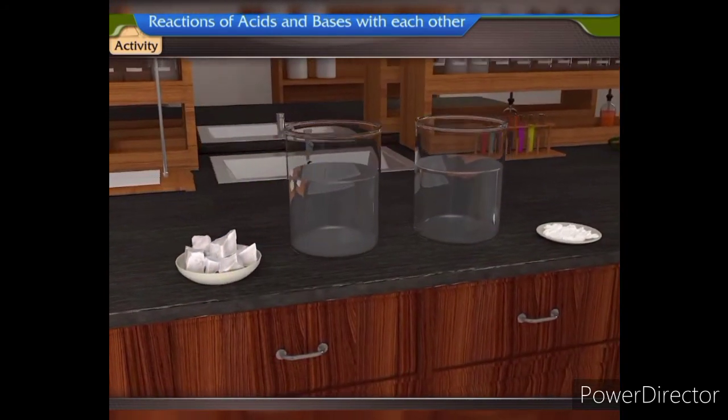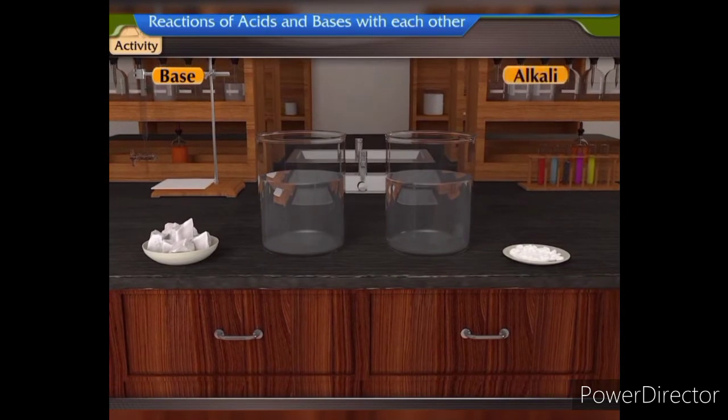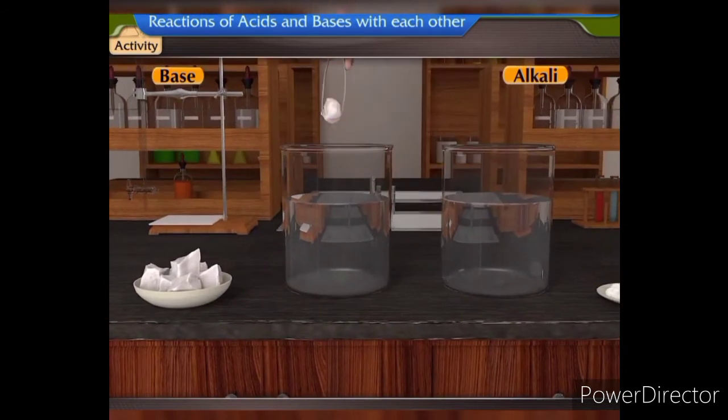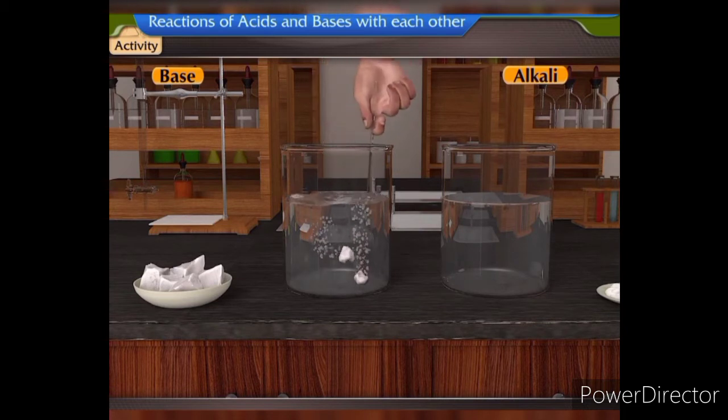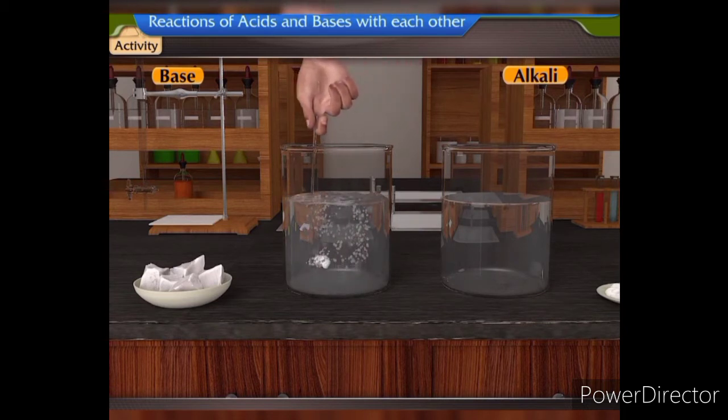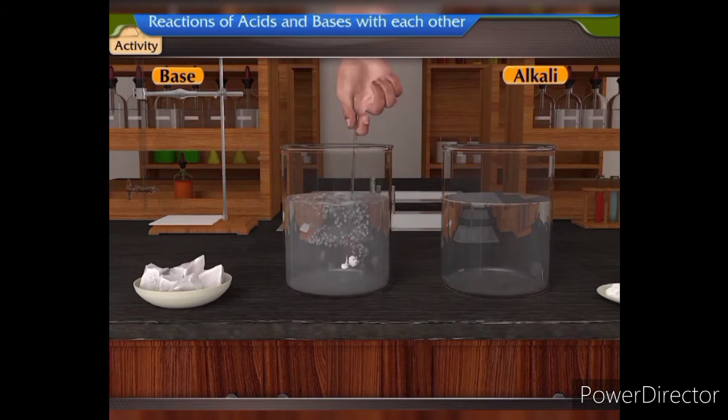We use the words bases and alkalis. In what way are they different? All bases do not dissolve in water.